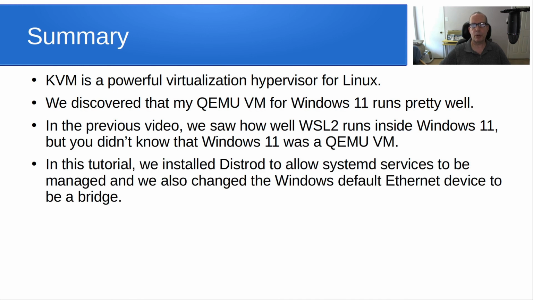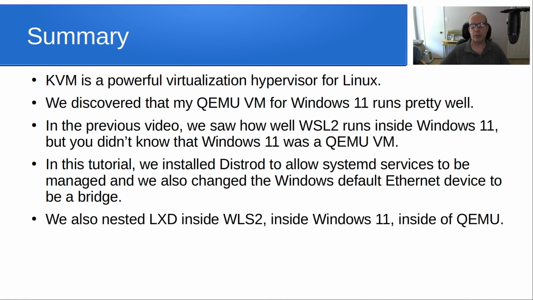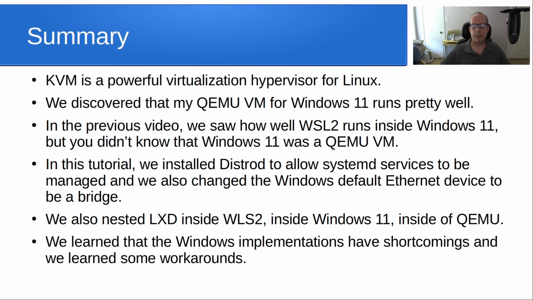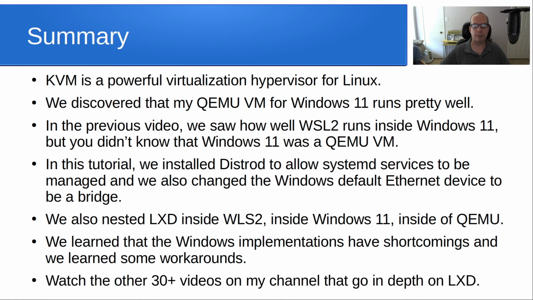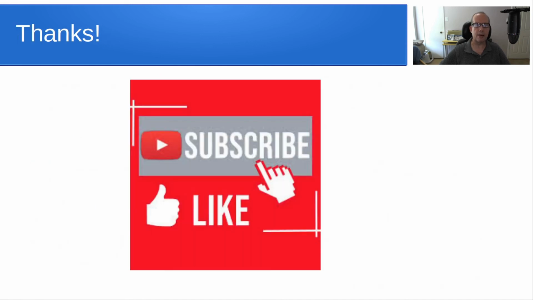In this tutorial, we installed distrod to allow systemd services to be managed, and we also changed the Windows default Ethernet device to be a bridge. We also nested LXD inside of WSL2, inside Windows 11, inside of QEMU. We learned that the Windows implementations have some shortcomings, and we also learned some workarounds. Watch my other 30 plus videos on my channel that go into depth on LXD and LXD networking.